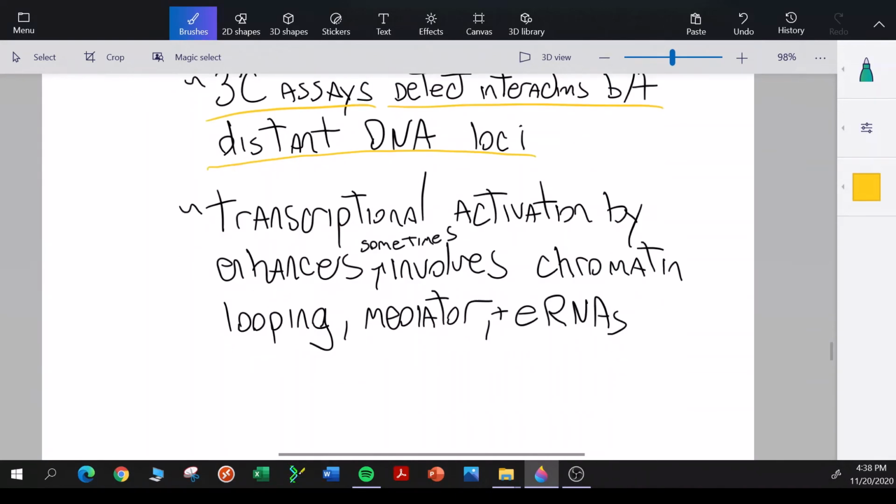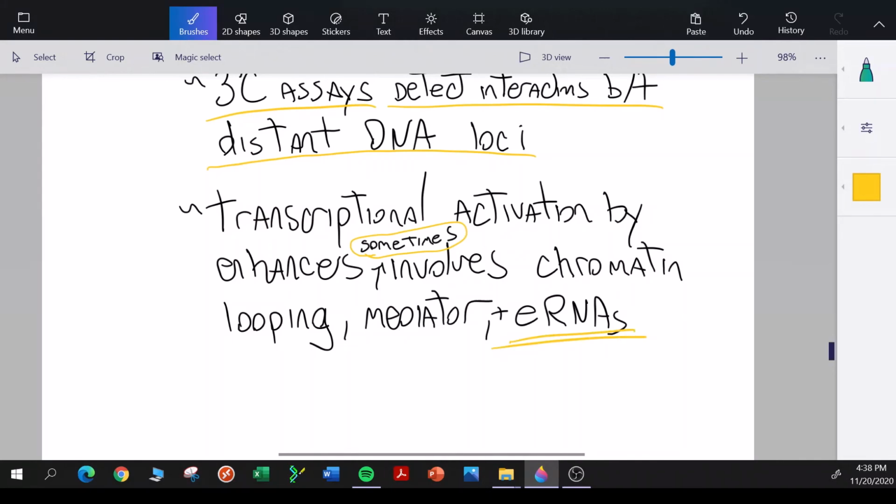Also, transcriptional activation by enhancers. I'm going to qualify this because this is relatively new work. We don't know if all enhancers work this way, so I'll qualify it by saying sometimes. But transcriptional activation by enhancers sometimes involves chromatin looping, the mediator complex, and enhancer RNAs.